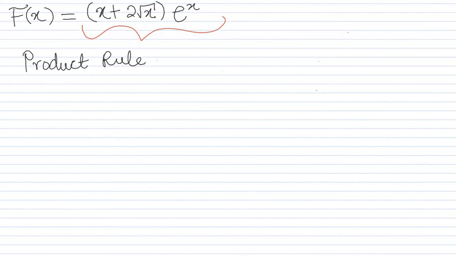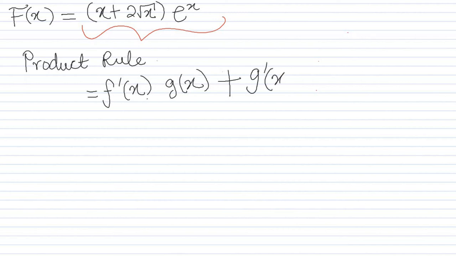The product rule is the derivative of the first subfunction, f prime of x, multiplied by the second subfunction that has not been derived, plus the derivative of the second subfunction, g prime of x, multiplied by the first subfunction, f of x. That is basically what the product rule is.